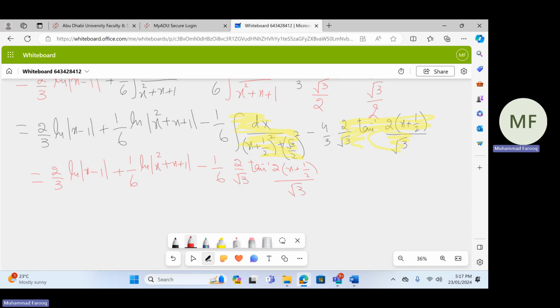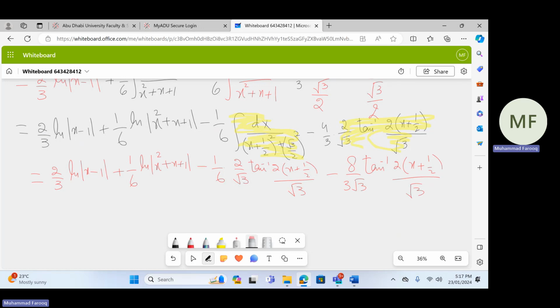And now write finally this one: 4 times 2, 8 over 3 root 3, and tangent inverse x plus 1 by 2. These are the same, so we combine them. 2 and 6 cancel out.